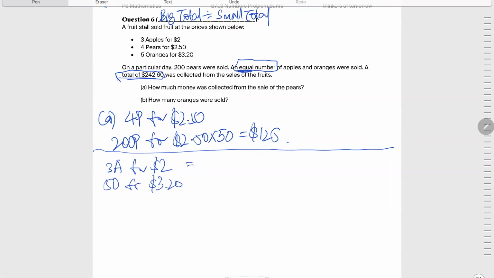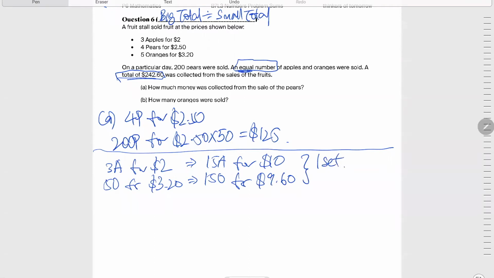You want to make them the same, lowest common multiple: 15 apples, 15 oranges. 15 apples will now be $10. 15 oranges will now be $9.60, and this is what we call one set.